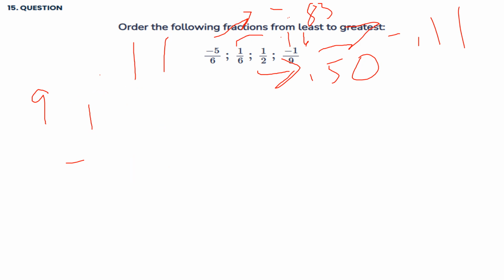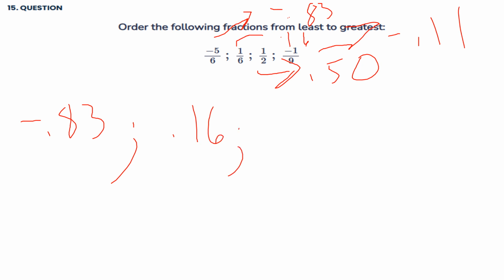All right, so now let's put them in order. So I'm going to write my numbers a little bit more legibly down here. The first number is negative 0.83. Second number is 0.16. 1 over 2 is 0.50.